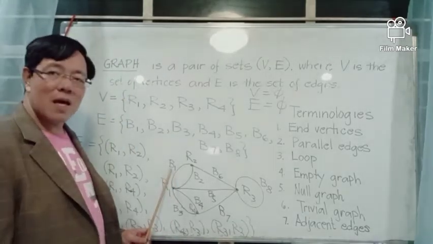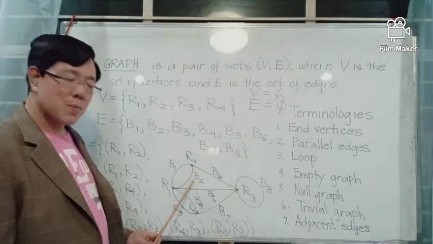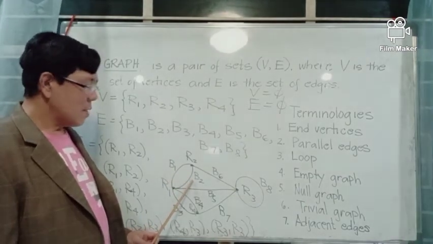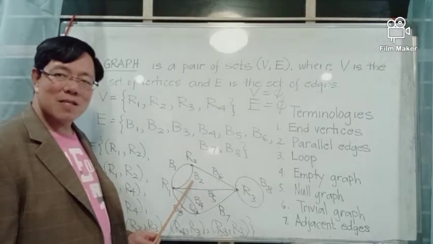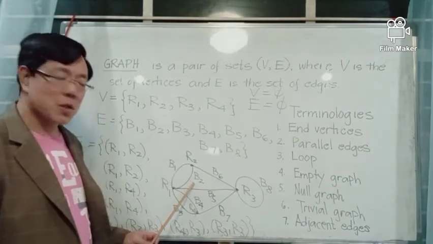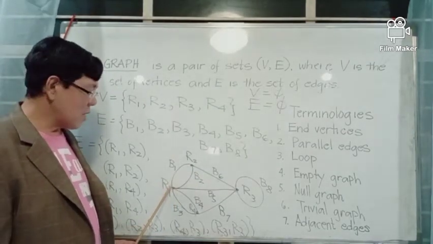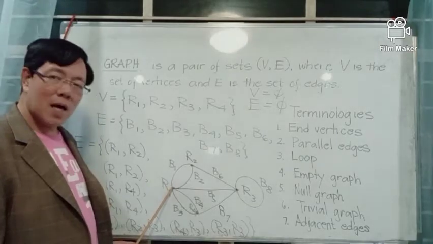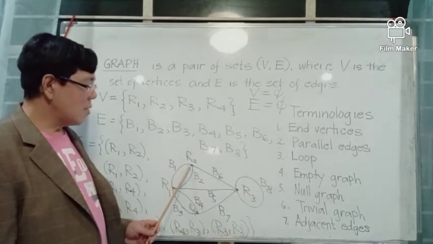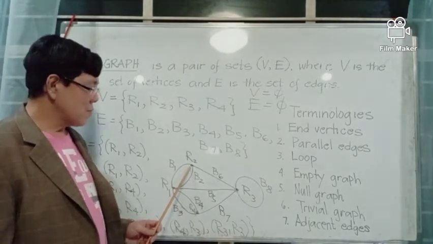Example, this edge B1 and B2 are adjacent edges because they share two end vertices. They have a common end vertex R1, they have a common end vertex R2.